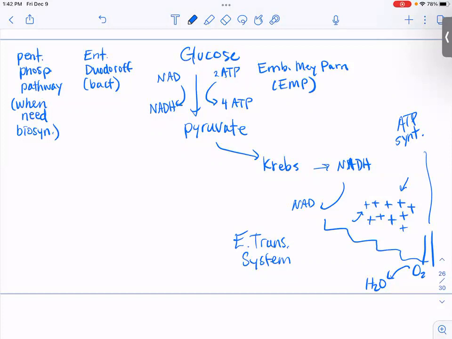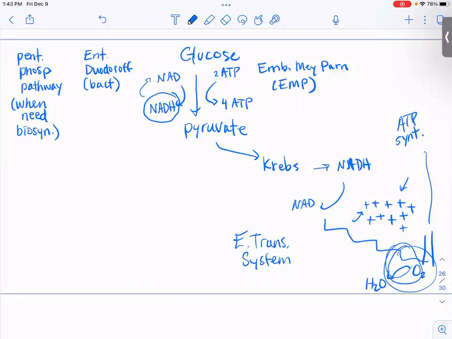What if there is not a suitable electron acceptor down here at the bottom? Then the organism has no choice but to do some fermentative pathway, because if these NADHs coming off of glycolysis have nowhere to go, the NADH can't recycle back as NAD, and then glycolysis will stop. For every oxidation reaction, you have a reduction, and if there's no reduction, you can't have the oxidation.